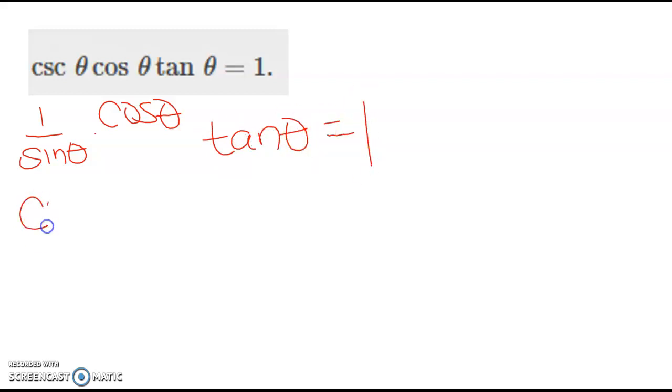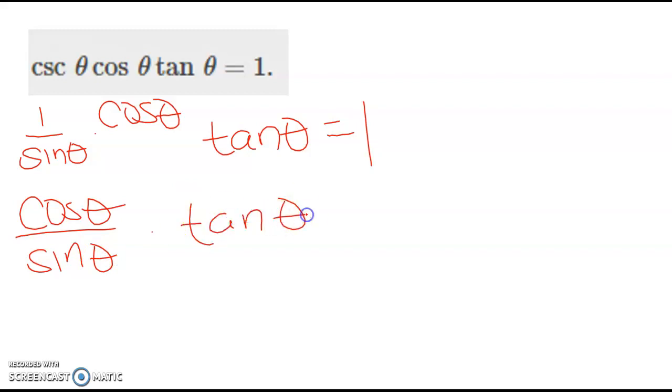So I know that cosine theta over sine theta times tangent theta, and I'm just bringing down that one. Sometimes you'll see that the one will be left off, but I'm going to bring it down. Now there are two different ways that I can do this, so both ways are absolutely correct. It's just basically you have to be able to show your work.